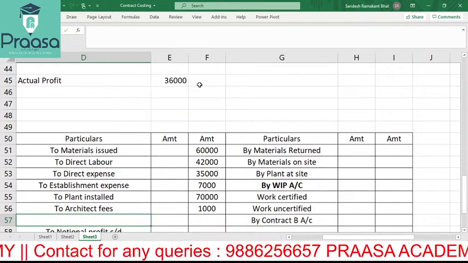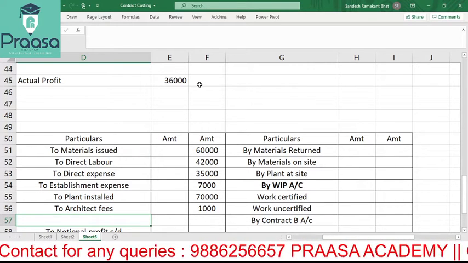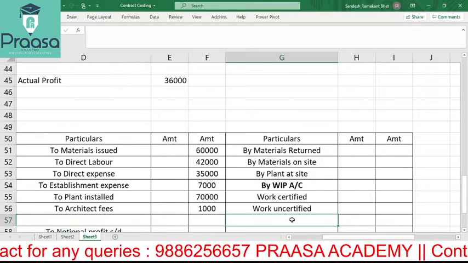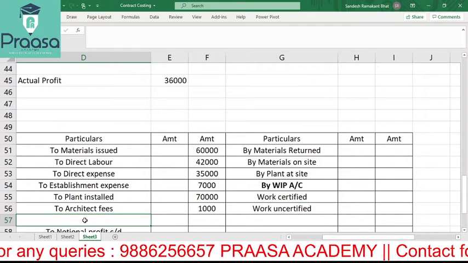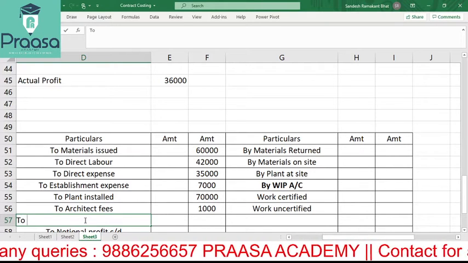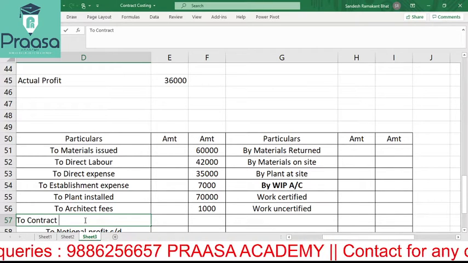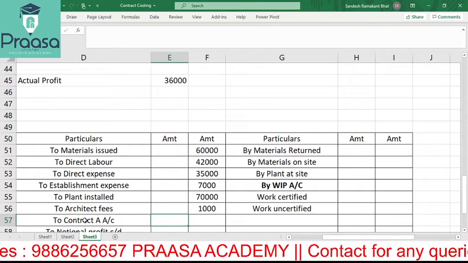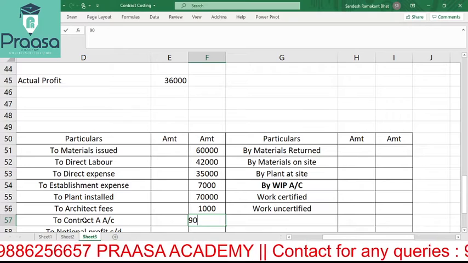One additional piece of information: what was transferred there is received here. So that information is here, so it will be to contract A account. This information is additional. How much is it? 9,000 we have received.